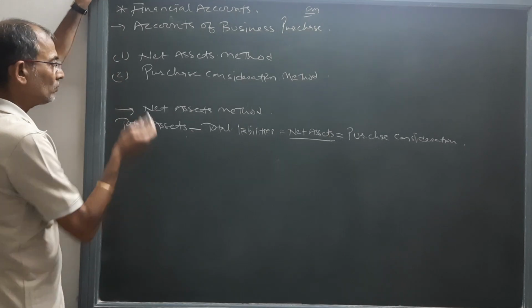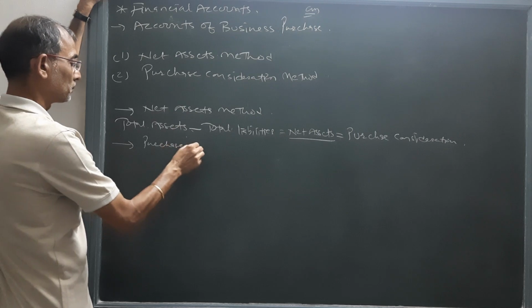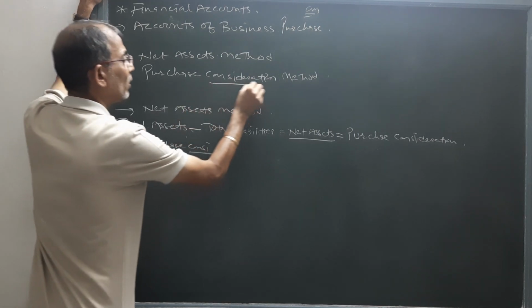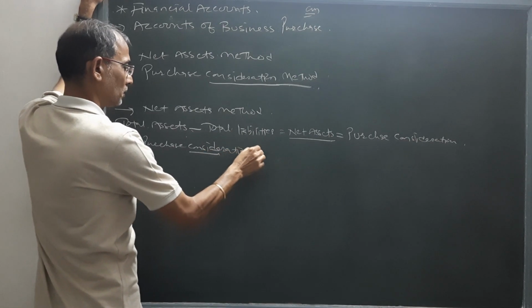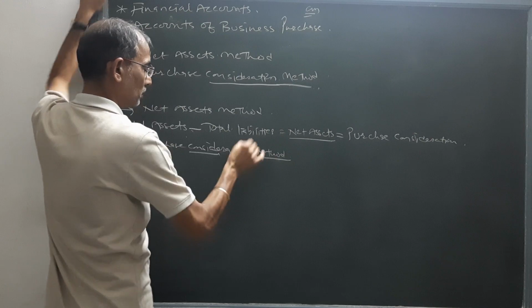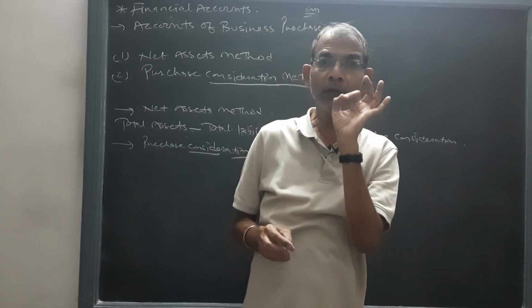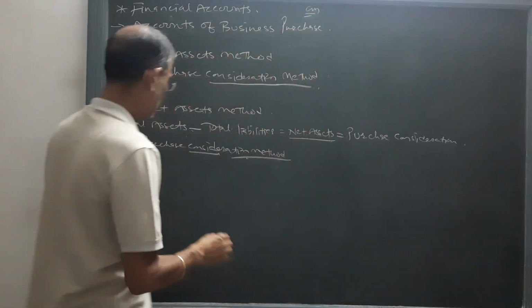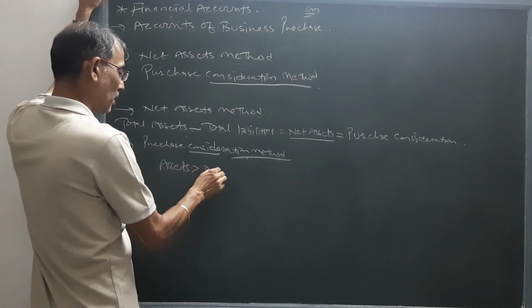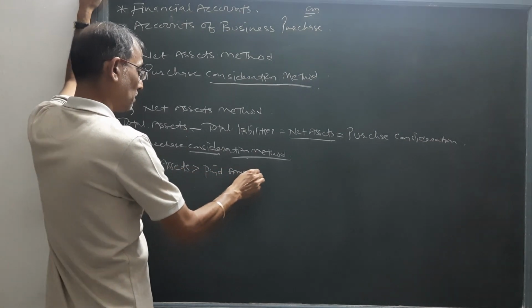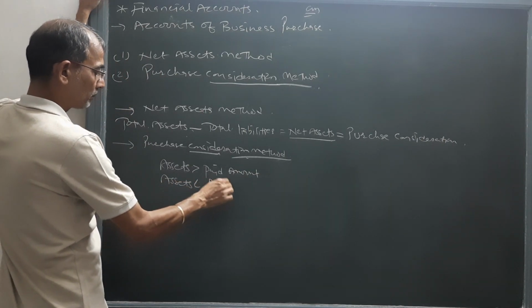While in the consideration method, the company pays a lump sum amount to the firm, and after that it calculates whether assets are greater than the paid amount or assets are less than the paid amount.